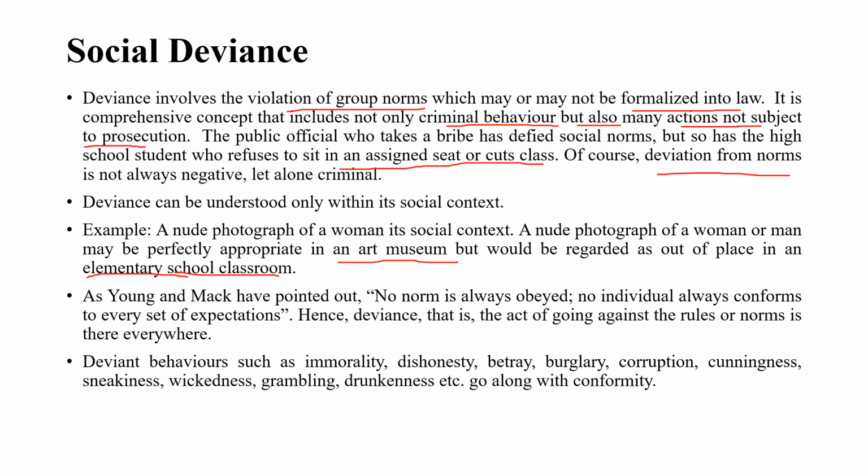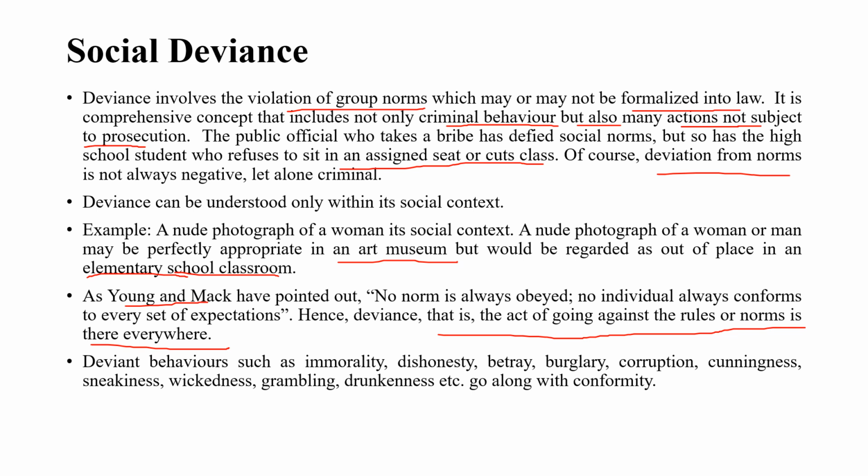A lot of people have tried to simplify it by studying it from their own perspective. There is one statement by Young and Mack. They say that no norm is always obeyed, and no individual always conforms to every set of expectations. Hence, deviance, that is, the act of going against the rules or the norm, is there everywhere. It's not possible for humans, as social animals, to adhere to norms always and every time.